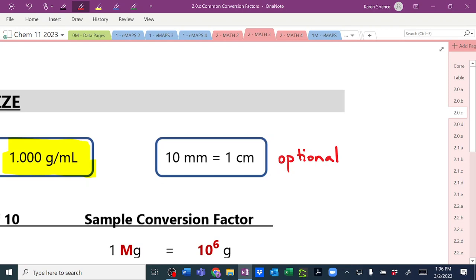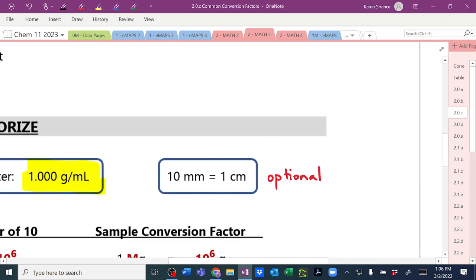Can you think of any other metric conversions that you might just happen to know? What about this? 1 meter is equal to 100 centimeters. Whether you memorize that or just know it is up to you.